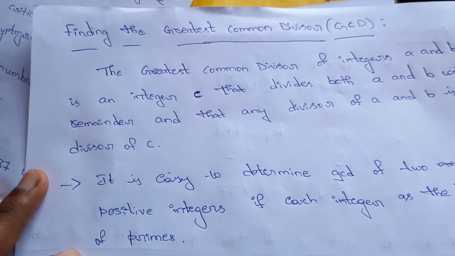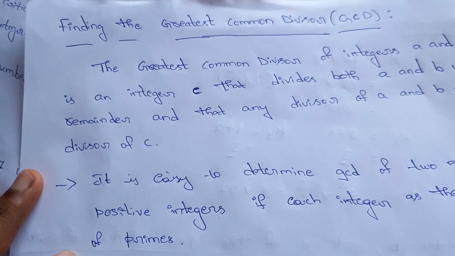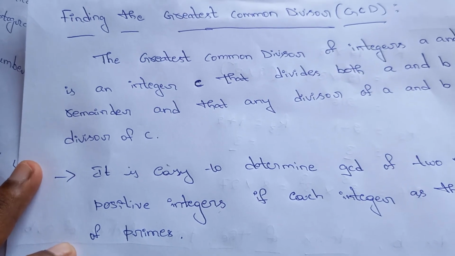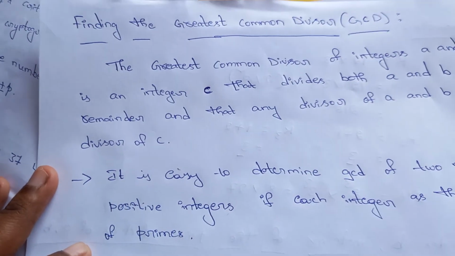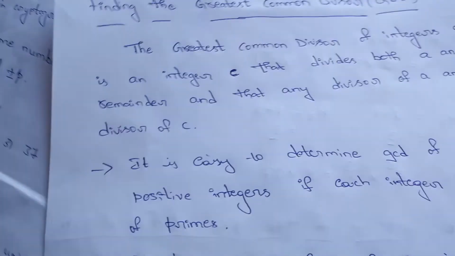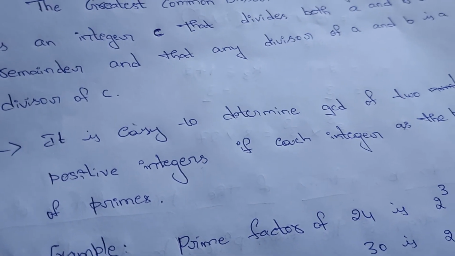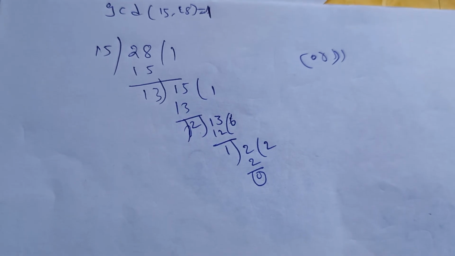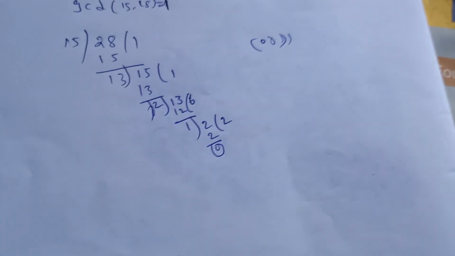So how do we find the GCD of two numbers or three numbers? Let's see the GCD. See here, consider the GCD of 15 and 28.